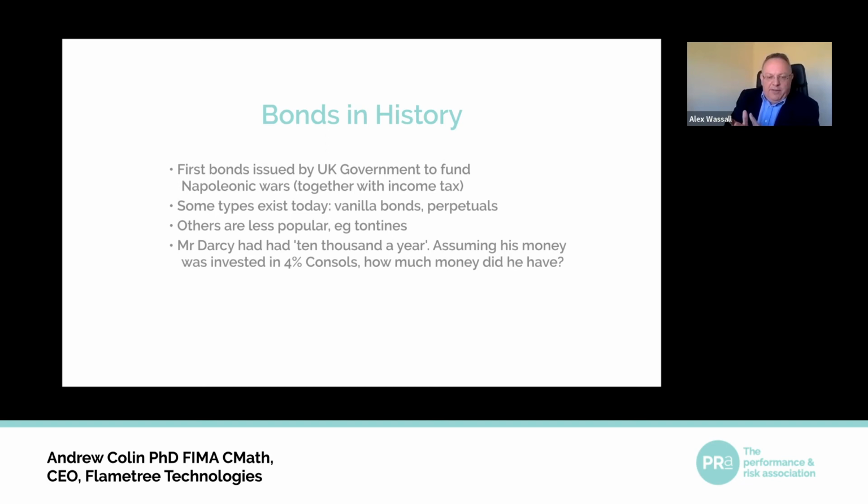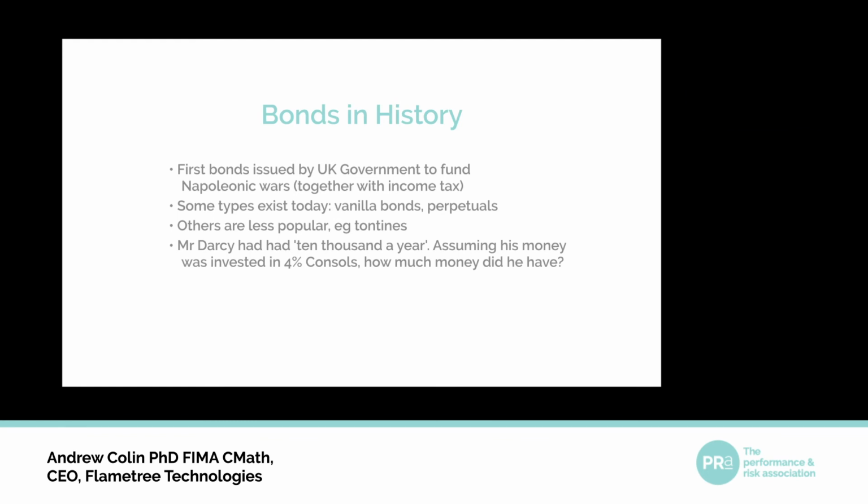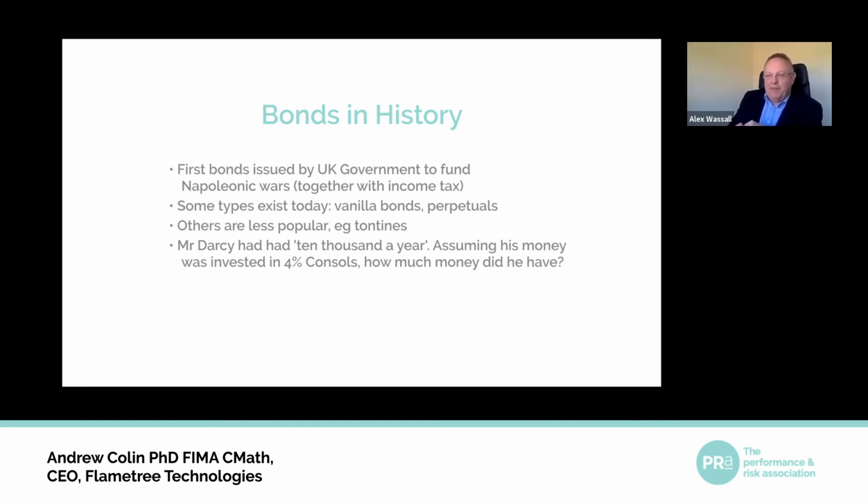So, quick quiz: if Consuls were paying 4% at the time, and he was making 10,000 a year, how much money did he actually have? 250k. Yes, exactly. So you should never ask a gentleman his salary, but you know how much Mr Darcy had.